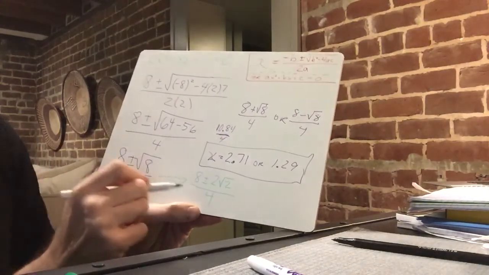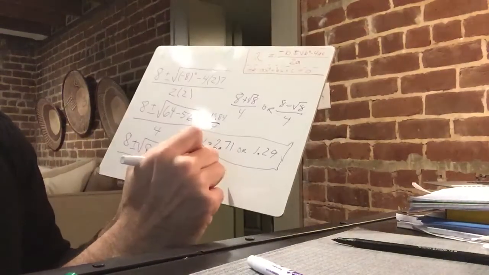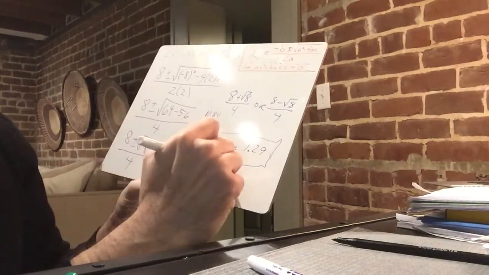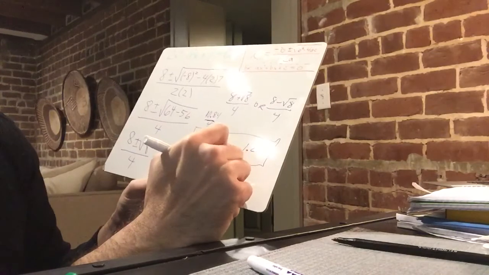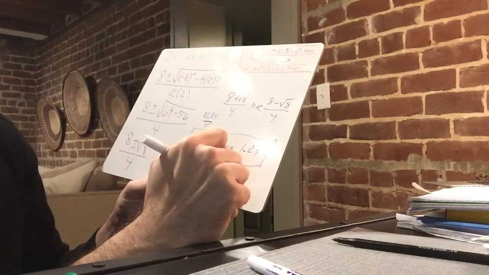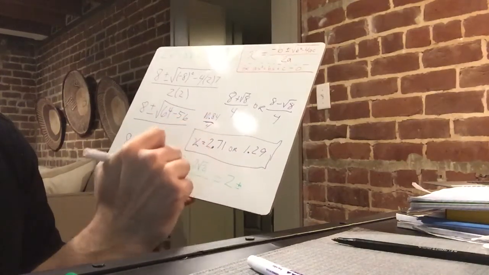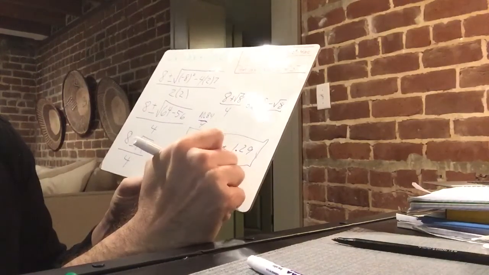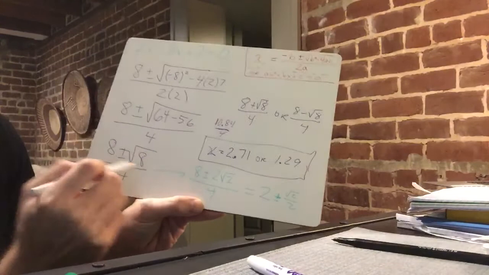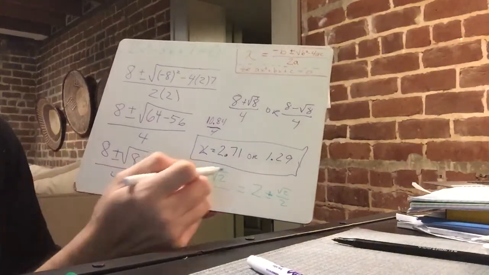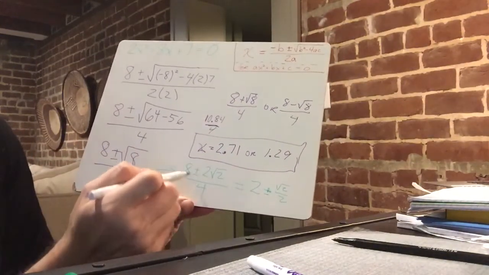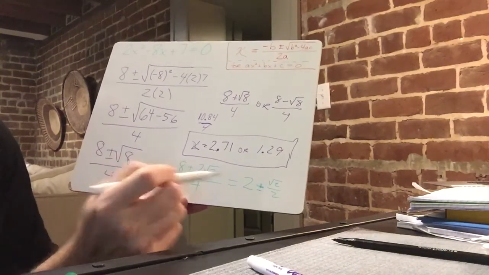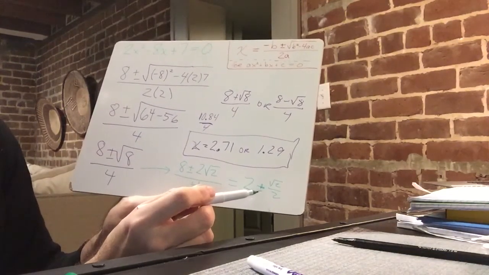Then we can either leave it like this, or I think it's even preferable to say 8 divided by 4 is 2, so 2 plus or minus the square root of 2 over 2, because we can simplify there. But really, this part here would be perfectly acceptable as simplified radical form at this stage, or like this as well.